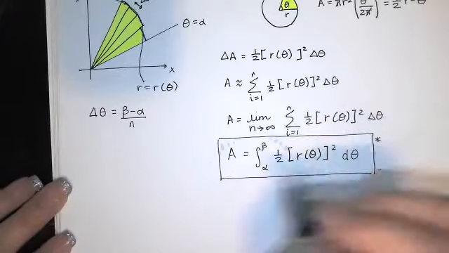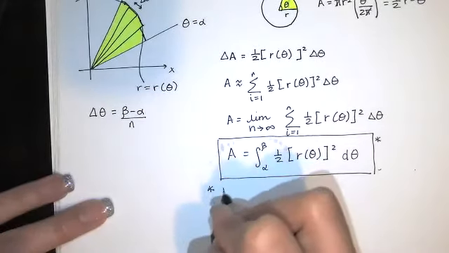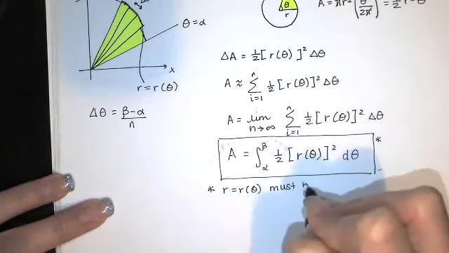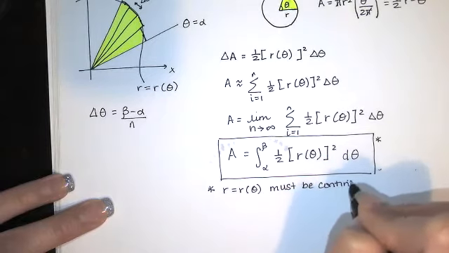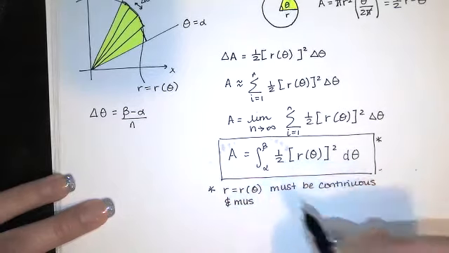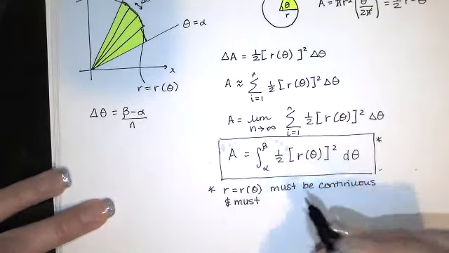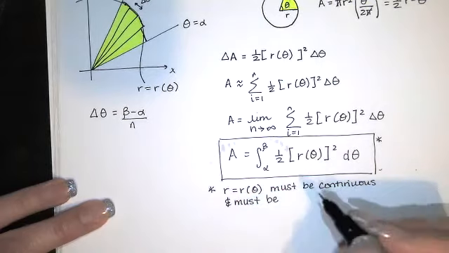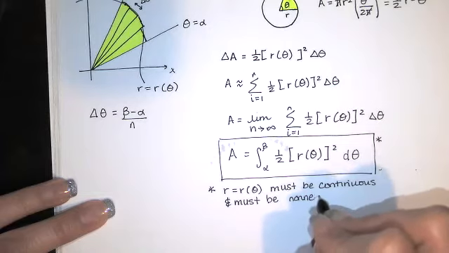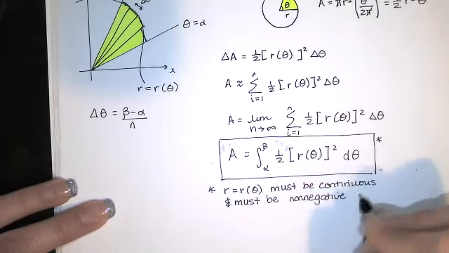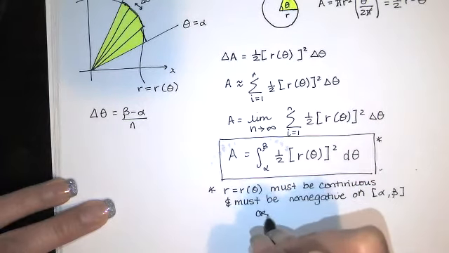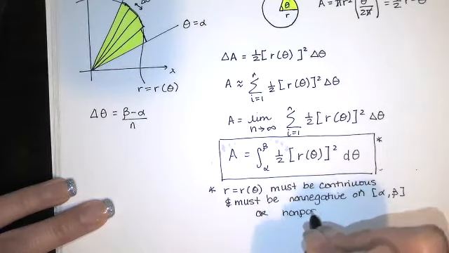So this is the area provided the following is true. r equals r of theta must be continuous and must have the same sign. So it must be non-negative, so either positive or 0 on the interval from alpha to beta, or non-positive.